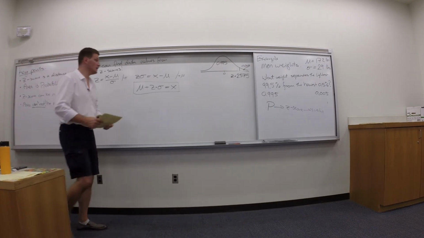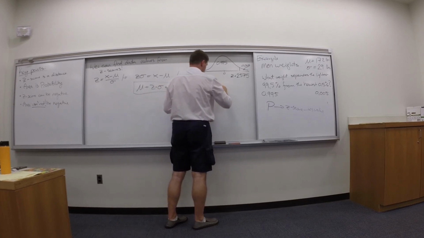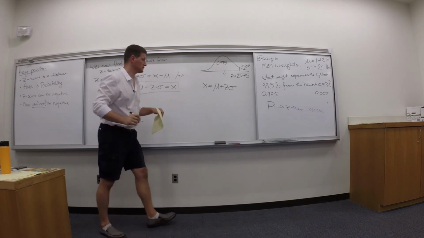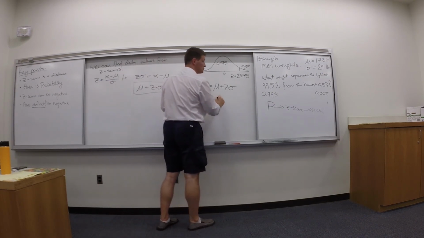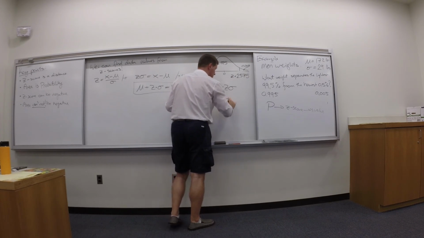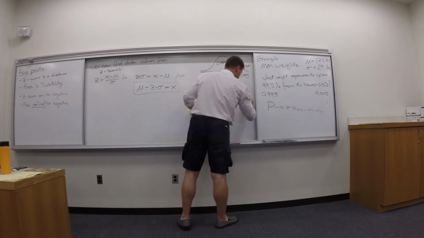So what now? Well, now we're going to use the formula x equals mu plus z-score times sigma. So x equals mu, 172, plus 2.575 times sigma, which is 29.